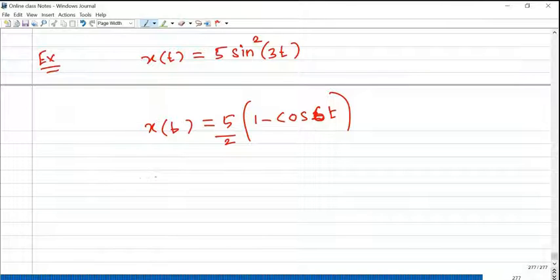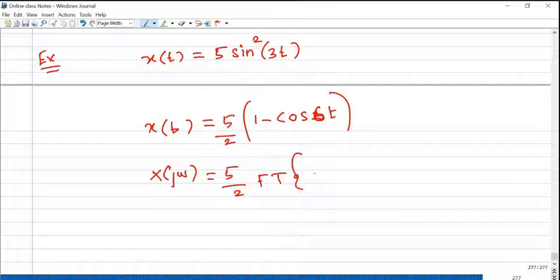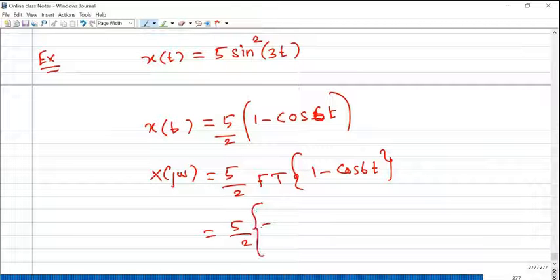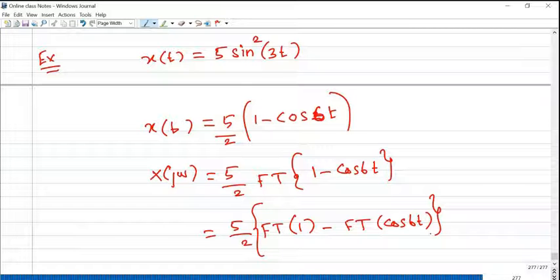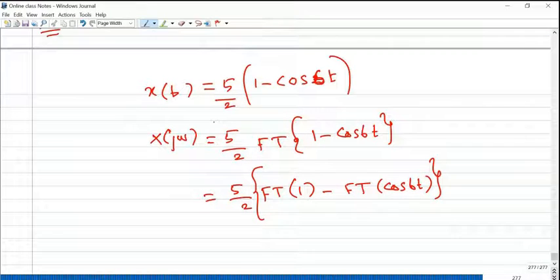Now the Fourier transform of x(t), X(jω), is equal to 5/2 of the Fourier transform of (1 - cos 6t). So as per the linearity property, Fourier transform of 1 minus Fourier transform of cos 6t. Okay. Substitute here.